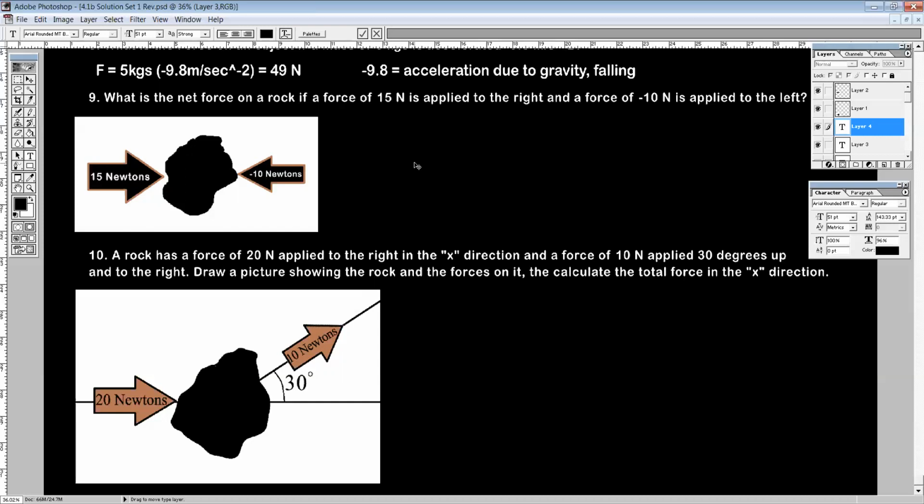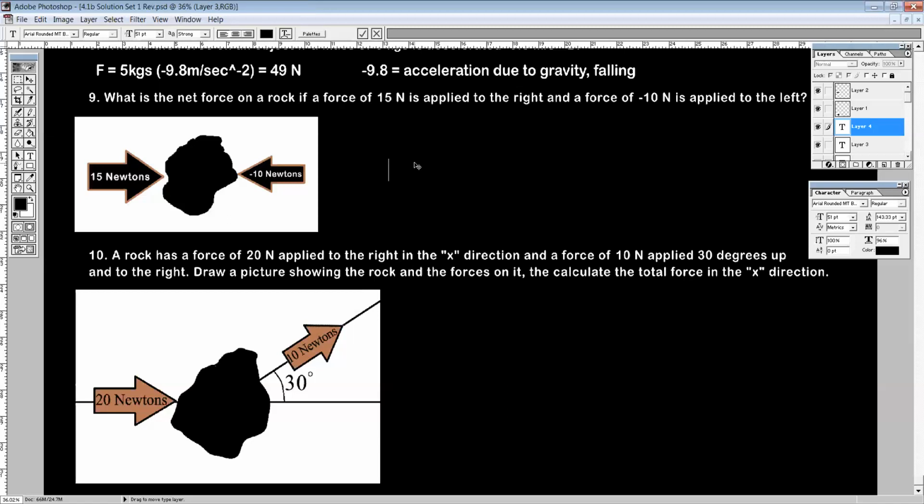And if you notice on that graphic, it is a minus 10. I know that's a little hard to see. But in these cases of opposing forces, or let's say the 10 newtons was pointing the other way, the additive forces, we simply add or subtract the forces at hand.